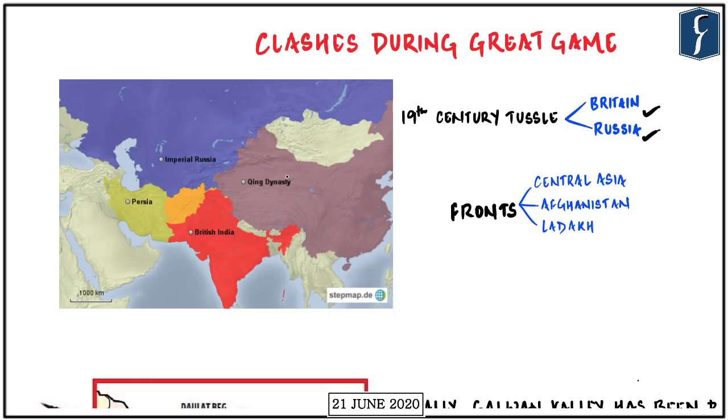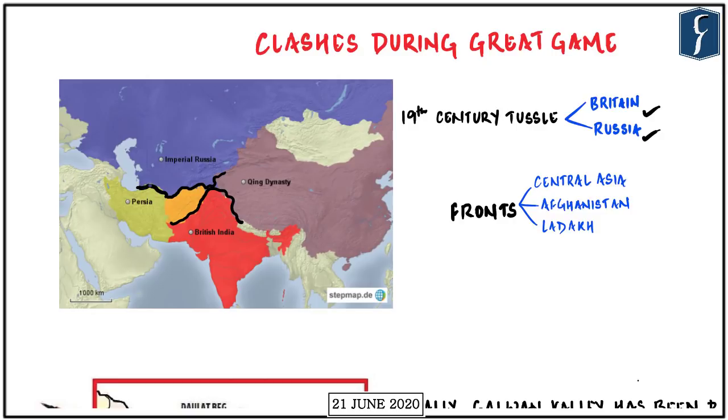So if you consider the scenario of the 19th century, this whole region demarcated by red was governed by British India, and Imperial Russia had reached its borders, and there were many fronts across which both of them were trying to forestall each other's influence.